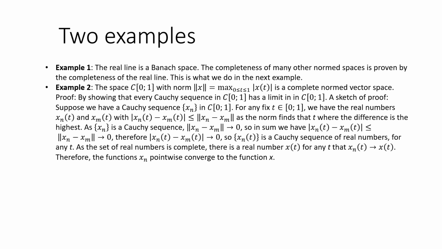So in this case, we can show the completeness of the space of continuous functions with the completeness of the real numbers, because for any t, by the use of the Cauchy sequence of continuous functions, we have a Cauchy sequence of real numbers, and these real numbers converge to a limit point because the space of real numbers is complete.